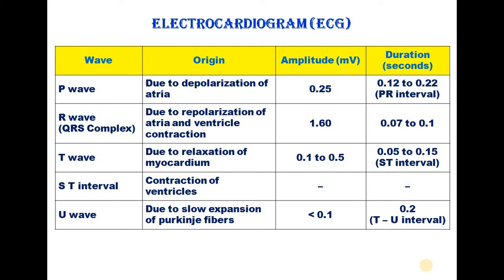T wave is due to relaxation of myocardium with an amplitude 0.1 to 0.5 millivolt and time duration 0.05 to 0.15 seconds. U wave is due to slow expansion of Purkinje fibers with amplitude less than 0.1 millivolt and time duration 0.2 seconds.